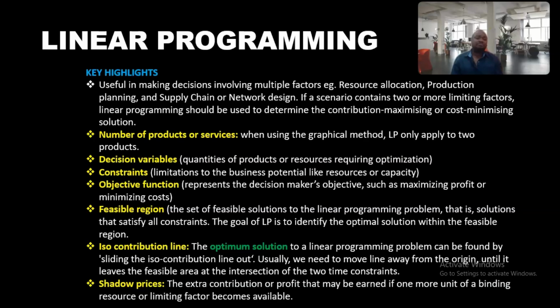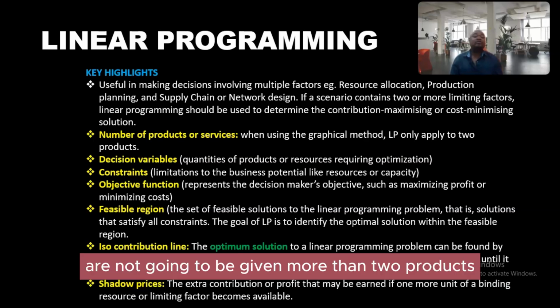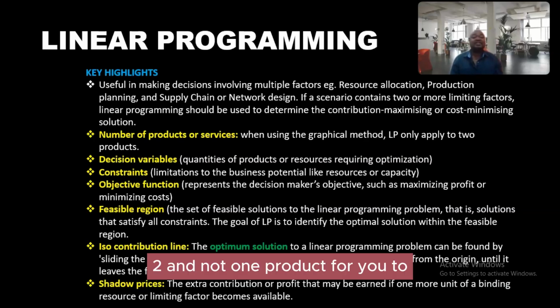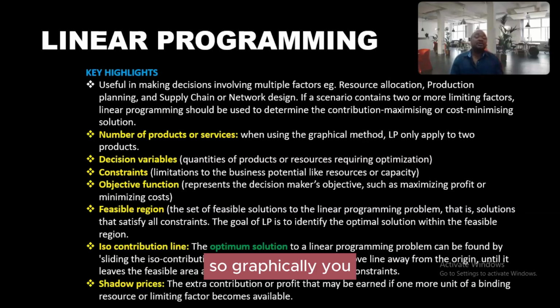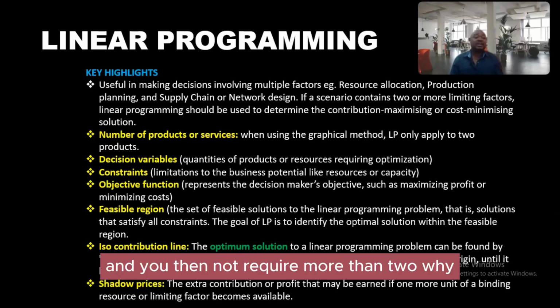But for you to perform this linear programming, you are not going to be given more than two products, and you also need two and not one product, especially graphically. So graphically you will need two products for consideration, and you do not require more than two.